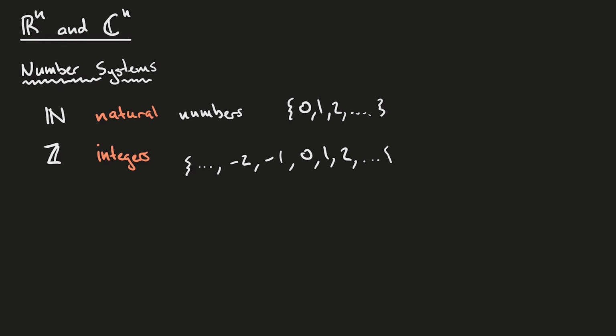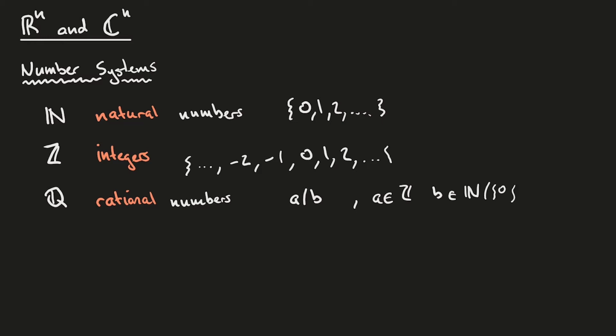Then we'll be using the rational numbers, Q, and these are numbers of the form a divided by b, where a is an integer and b is a non-zero natural number. Then we'll be making extensive use of the real numbers R, so these include the rational numbers, but also irrational numbers such as square root of 2, e, pi, and so on.